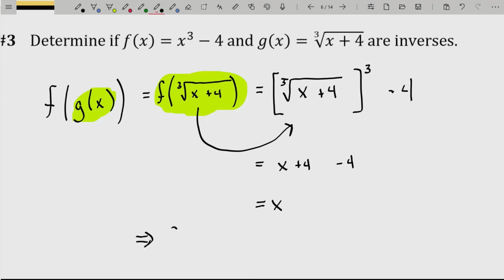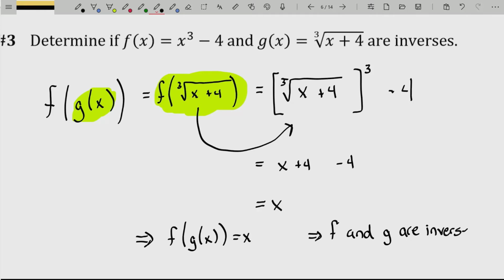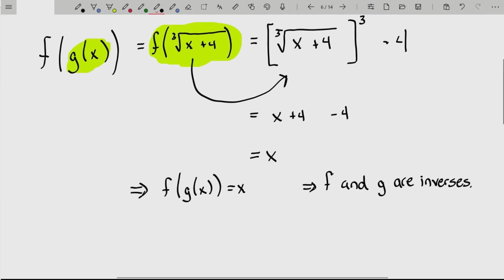So thus, that means that f composed with g of x is equal to x, which implies f and g are inverses, which also implies that f is equal to g inverse and g is equal to f inverse.